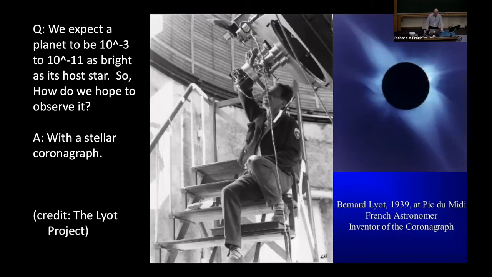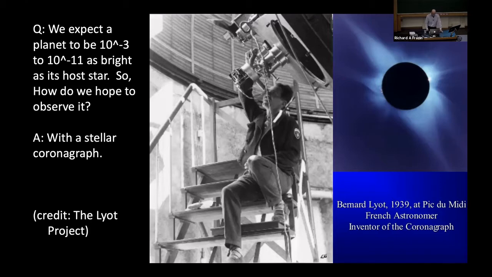So the problem that you're confronted with when you try to see a planet next to a star is that the star is way, way brighter than the planet. So you're lucky if your planet is big enough so that the starlight is only 1,000 times brighter.